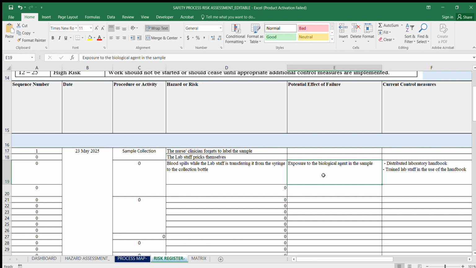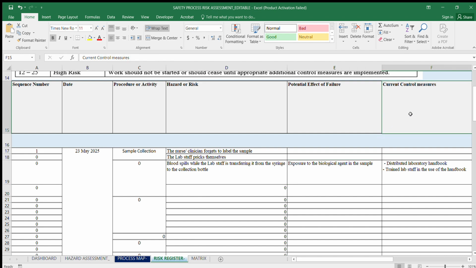And if the likelihood increases, when you get exposed, you face the consequences of actually being exposed to the biological agent that may be in the blood or in the sample. So the potential effect here is exposure to the biological agent in the sample, the sample in this case being blood.